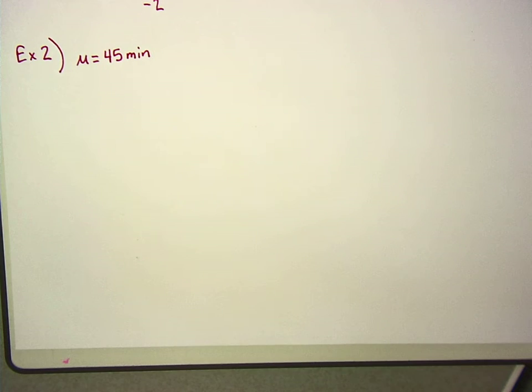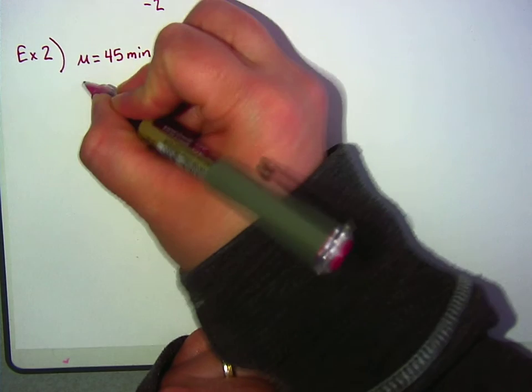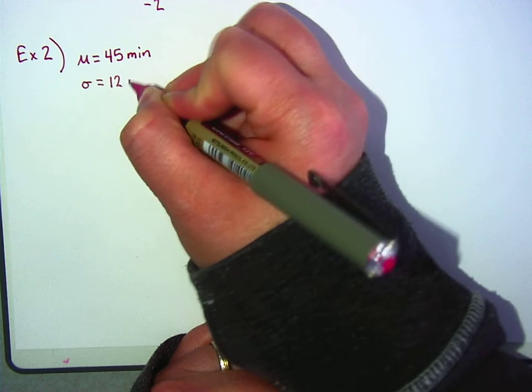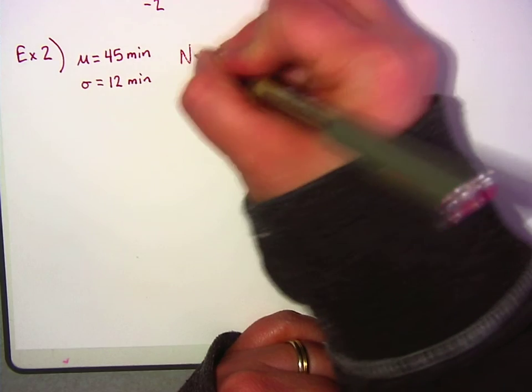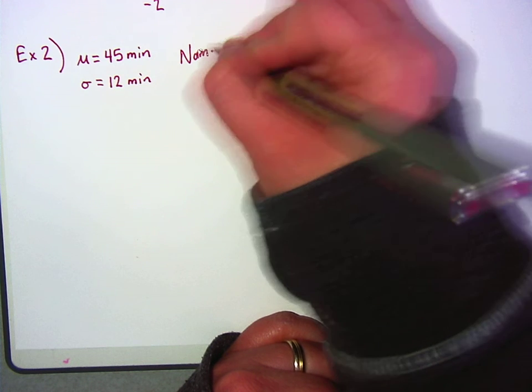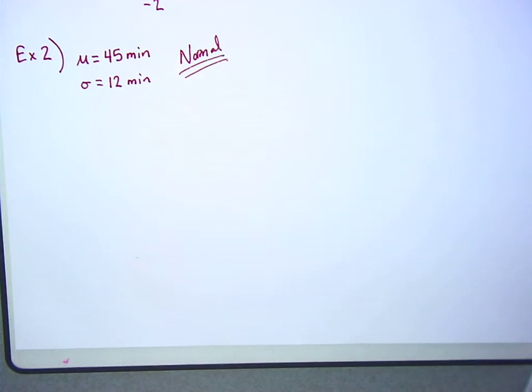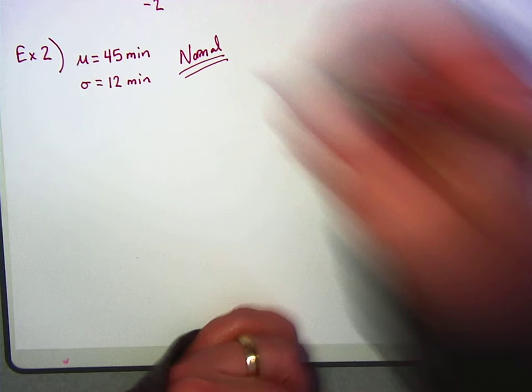Okay. So they have a standard deviation of 12 minutes in the store. And this is a normal distribution. I want to know what's the probability that a shopper would spend between 24 and 54 minutes.